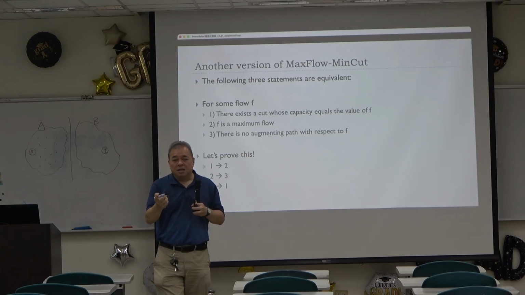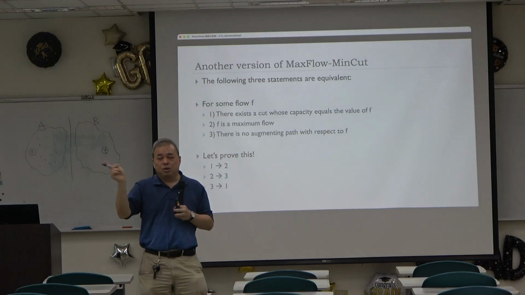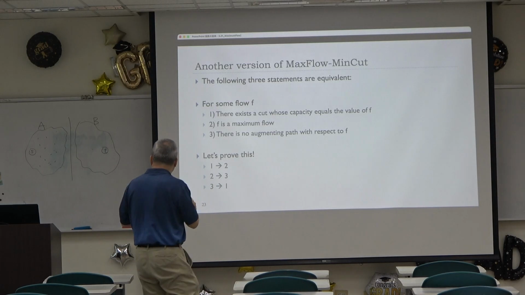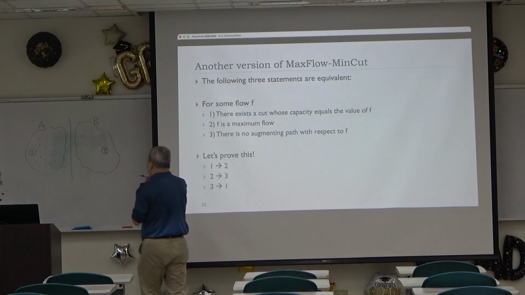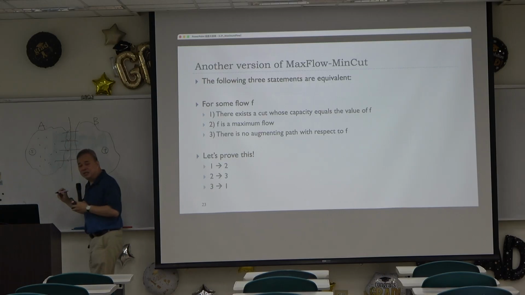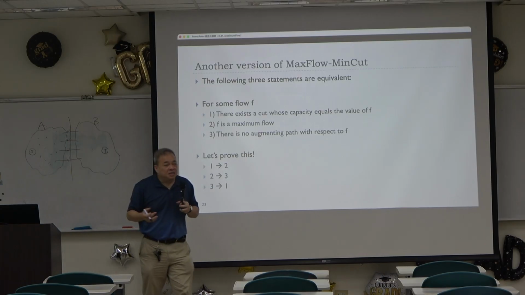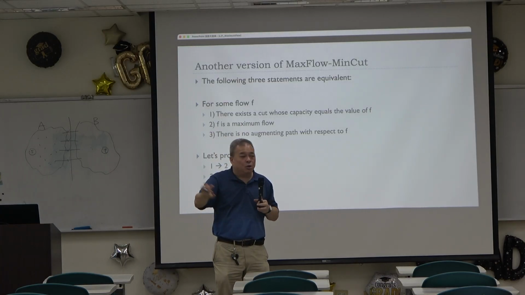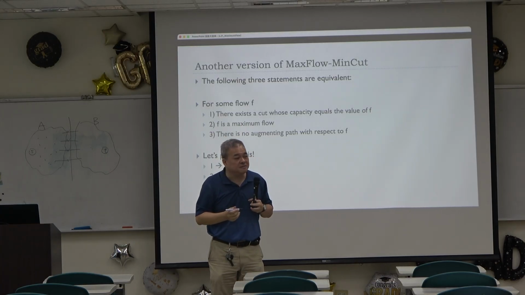Because you can no longer extend to reach here, it means that for all these edges you have used all the capacity. So in other words, their capacity will add up to equal the total flow, right?